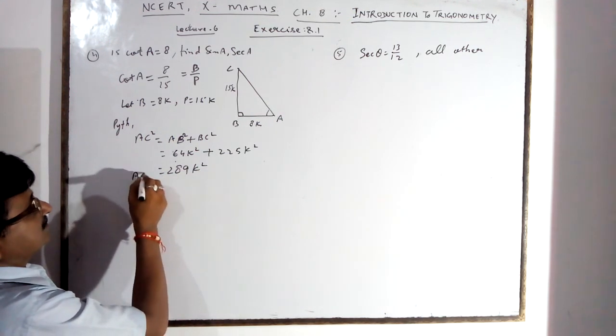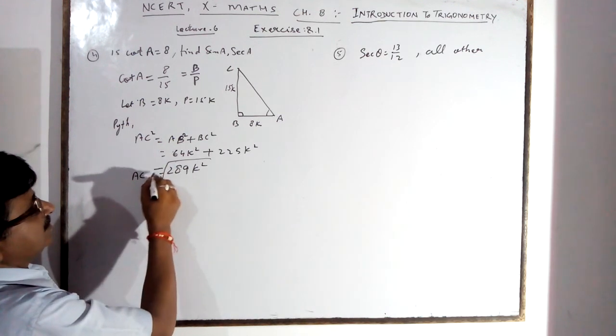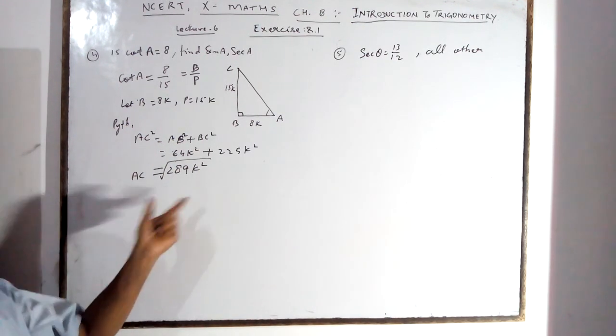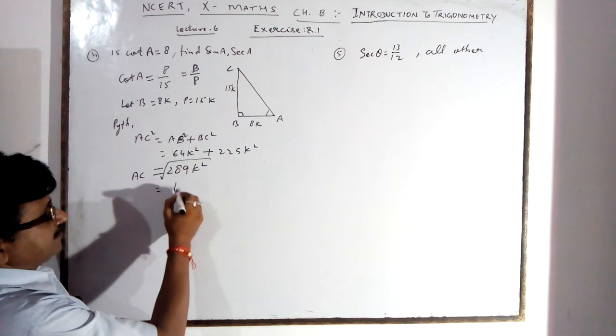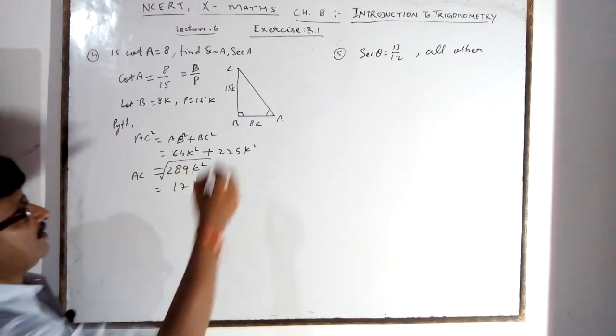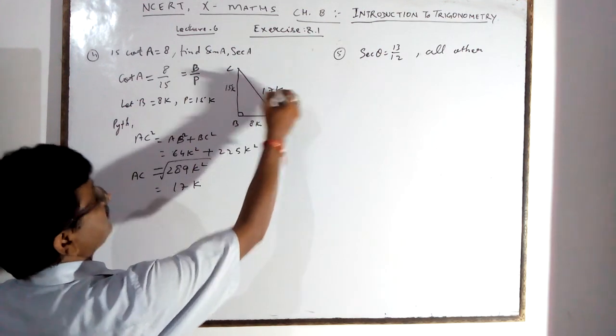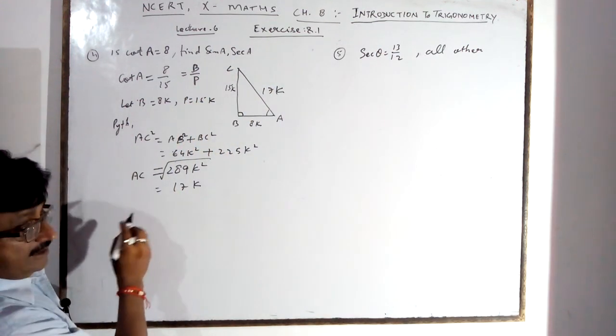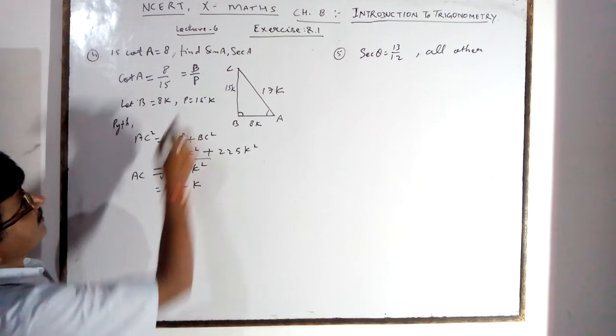So AC is the square root of this, which in short form is 17k.